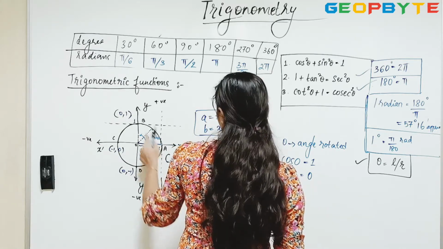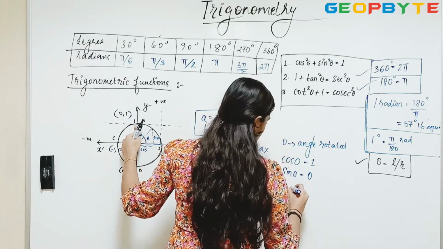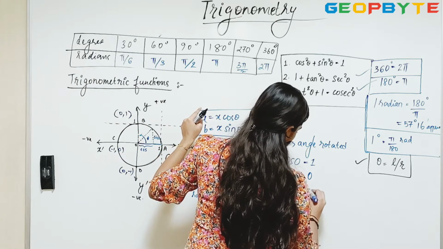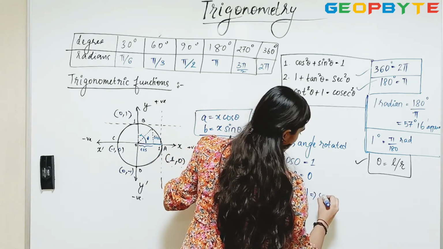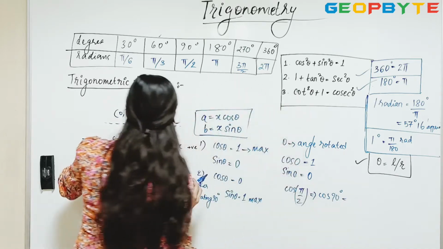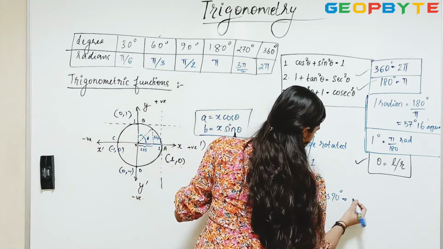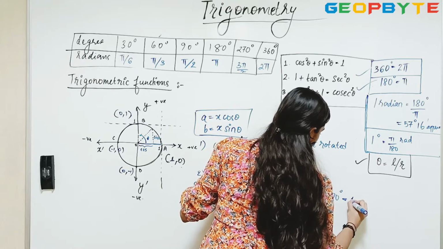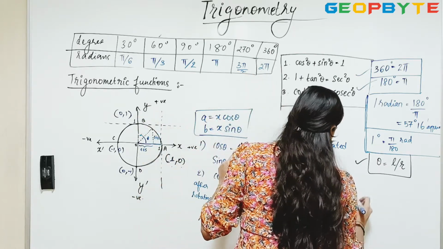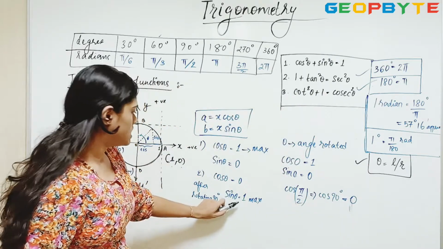What about here? It is cos pi by 2 or cos 90 degree. I rotated 90 degree here. Then it would be, what is it? It would be 1 maximum. No, sorry, it would be 0 because here we have only sine component.